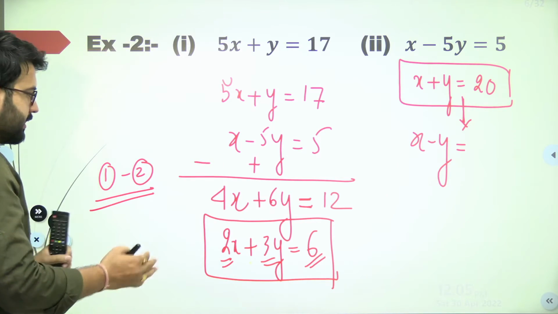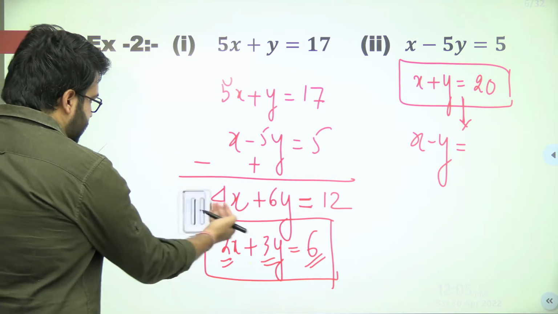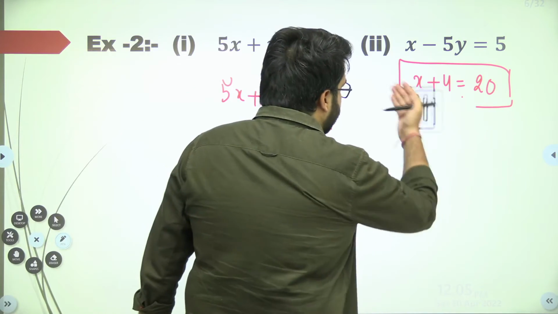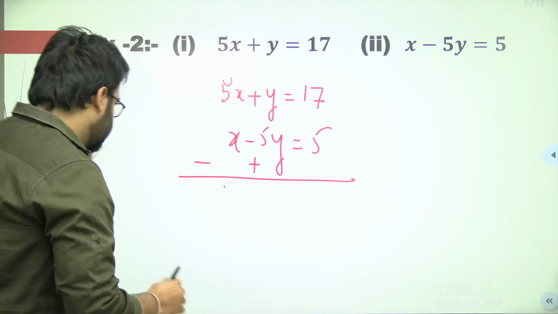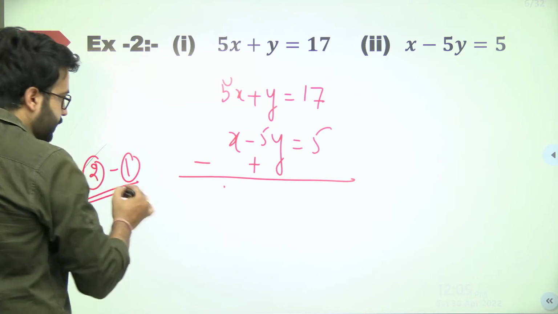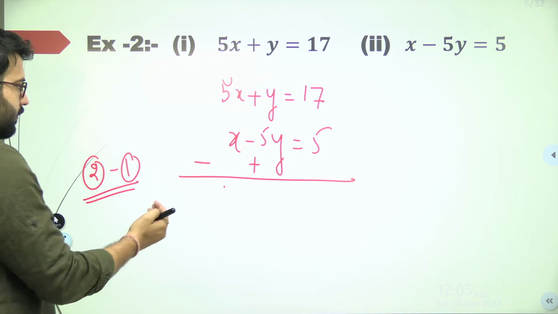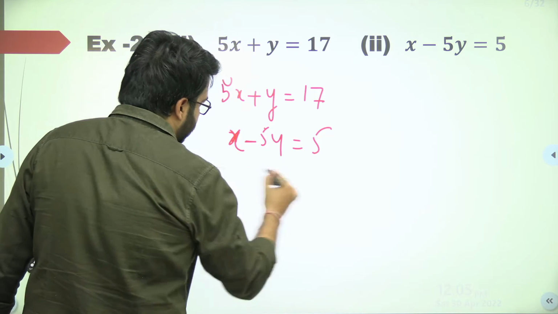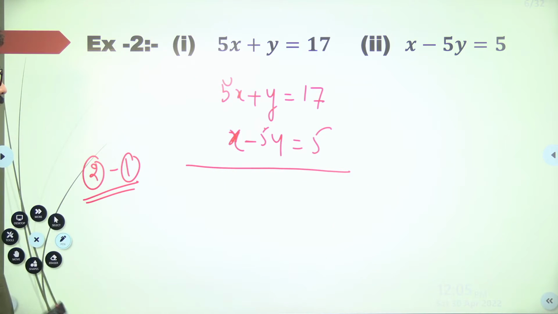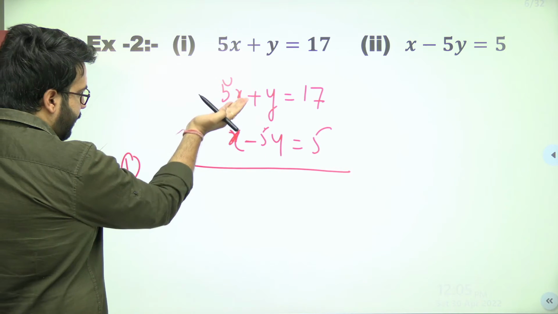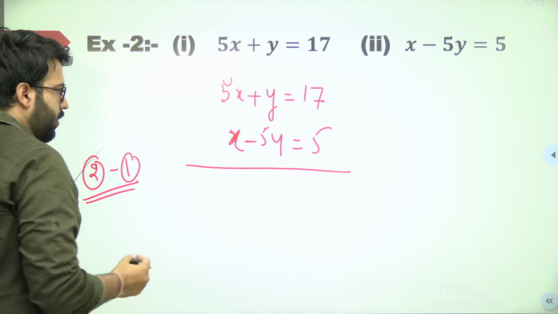So you got it. Now we are going to change this, because if we do this, we will get a positive value. So we will do the opposite work. What is the opposite work? We will subtract equation number 1 from equation 2. Got it? If I do so, what will I get? 5x will be subtracted from x. So when you subtract 5x from x, what will you get?